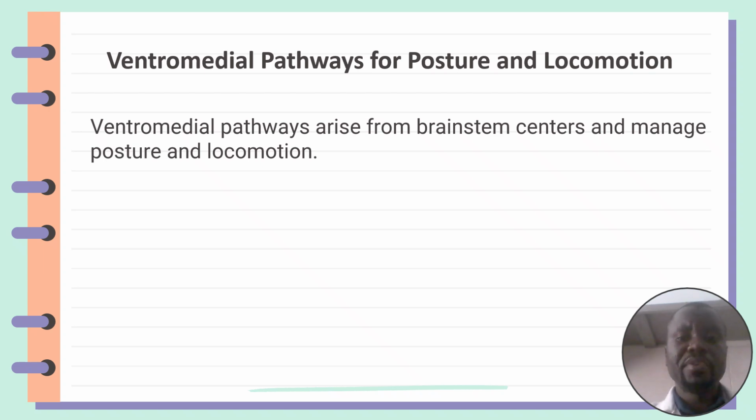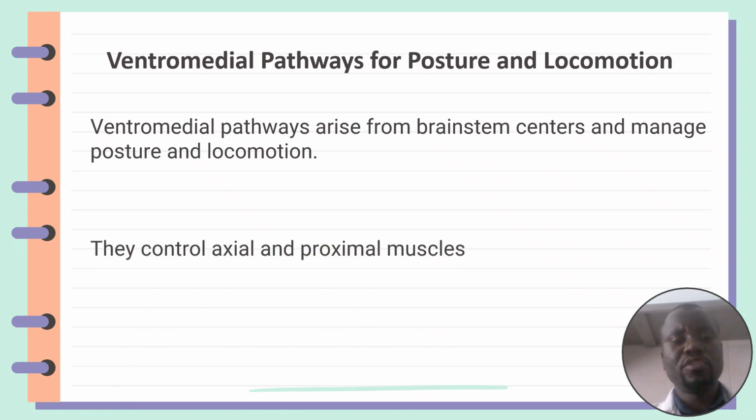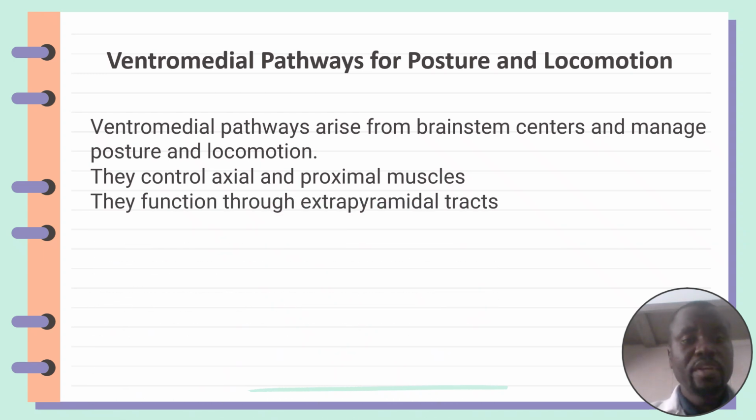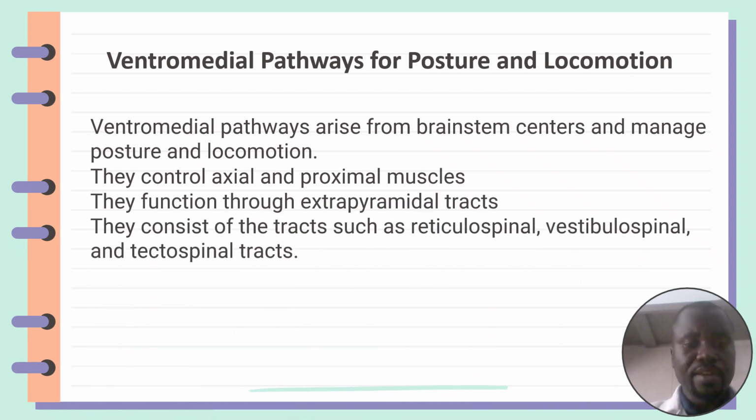They manage posture and locomotion, as we have mentioned. They control trunk muscles and also the proximal muscles, because the distal muscles are under the corticospinal control. They function through extramedial tracts, which include tracts such as the reticulospinal, vestibulospinal, and tectospinal as examples.